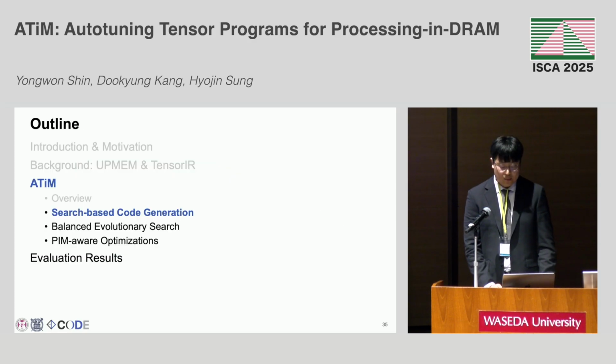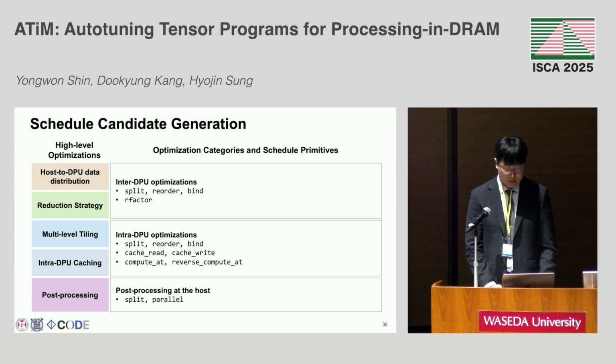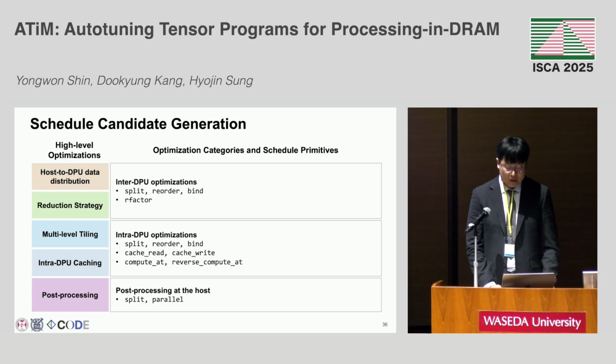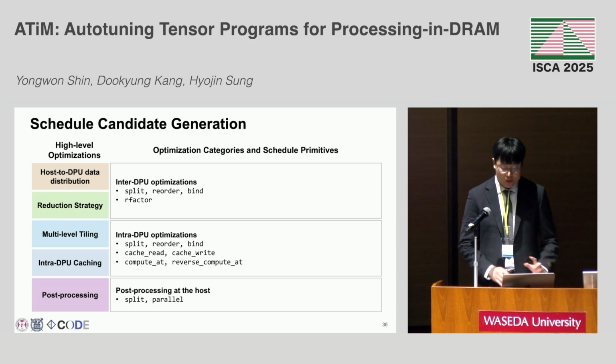Now I will show how ATiM performs search-based code generation using TensorIR. ATiM fully automates the entire PIM programming and optimization workflow using schedule primitives. It follows a standardized code generation process for DRAM PIM. First, the host distributes the data across DPUs and coordinates how the result will be combined.